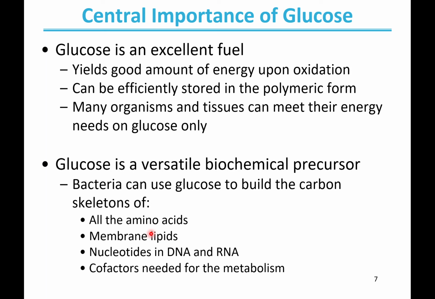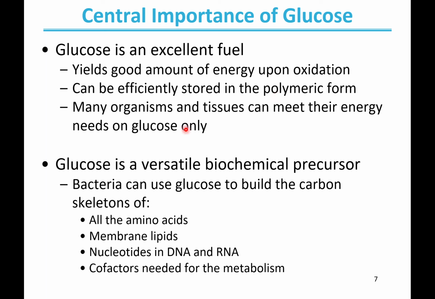Okay. So why is that? Well, glucose is an excellent fuel. It yields a good amount of energy when it's oxidized. It can be efficiently stored in a polymeric form. We talked about those when we covered chapter 7, right? Glycogen and starch, amylose, amylopectin, are all just polymers of glucose.